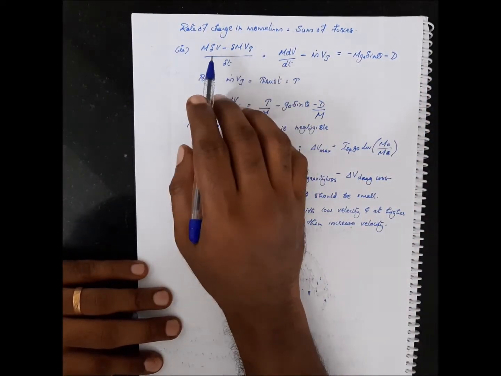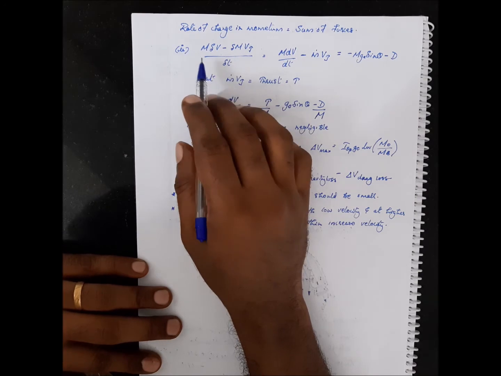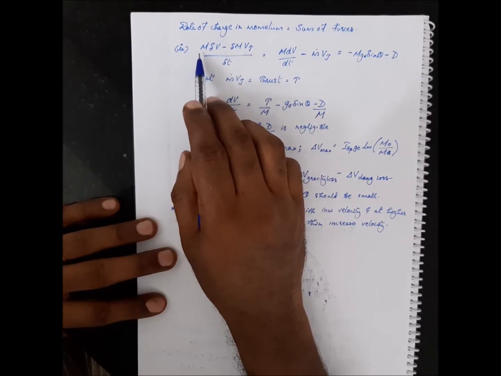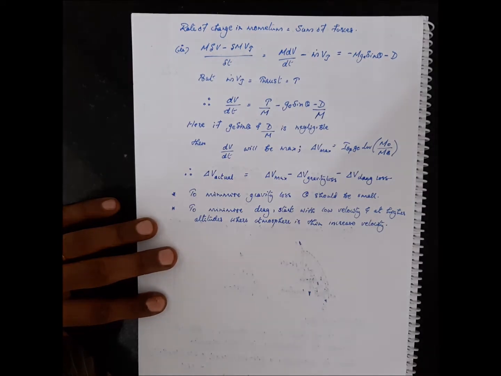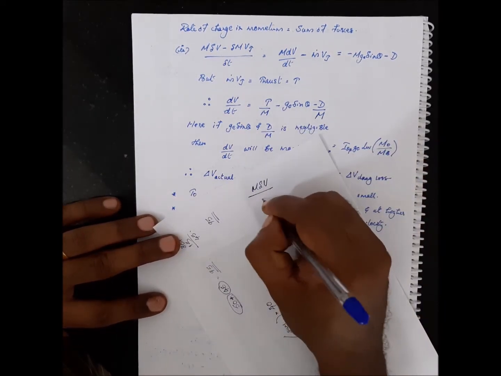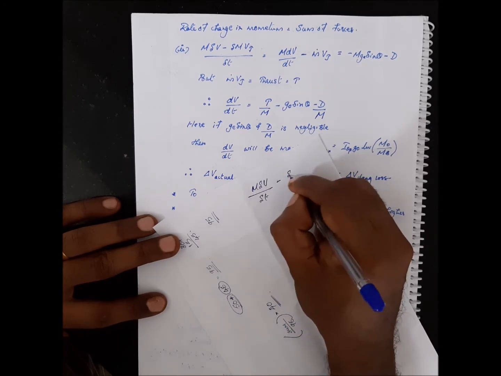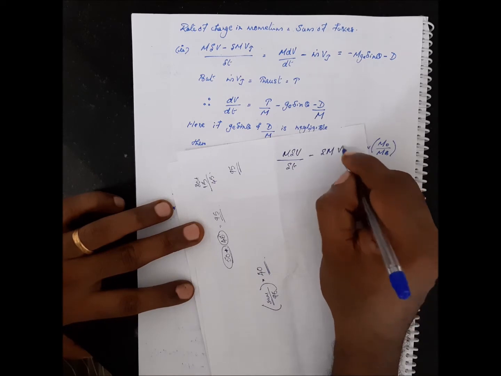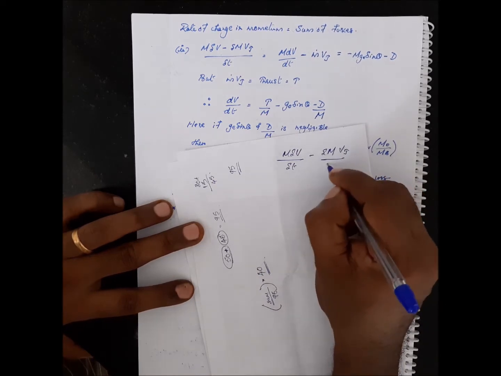As delta t tends to 0, this becomes dv by dt. So we have m delta v by delta t minus delta m vj divided by delta t.